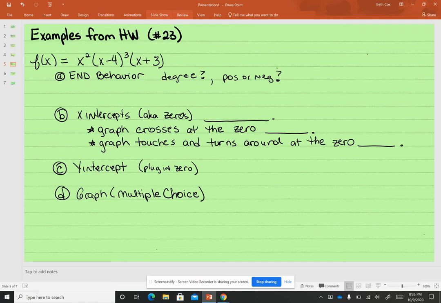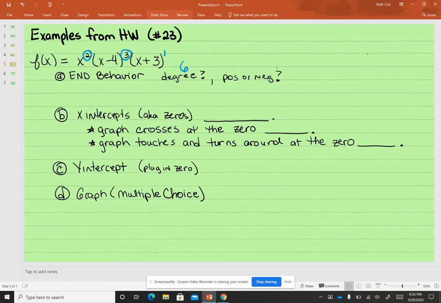Well, to do the end behavior, if you remember from the previous video, we have to do the degree and we have to look at the positive or negative. Now the degree of this one, if we add all of those up, that's going to give us the degree. So this is a degree 6 because 2, 3, and 1 add up to give me 6.